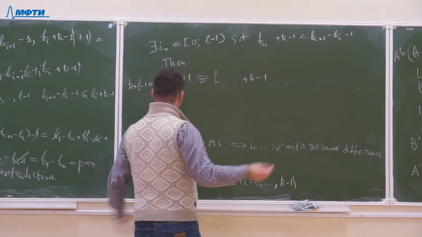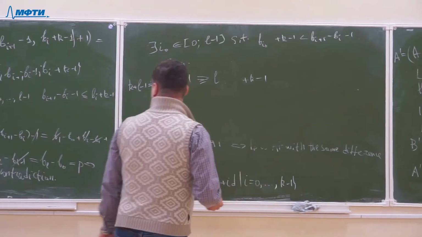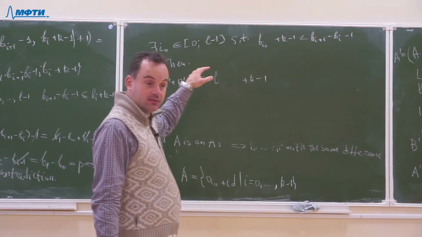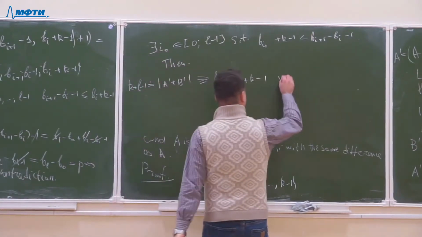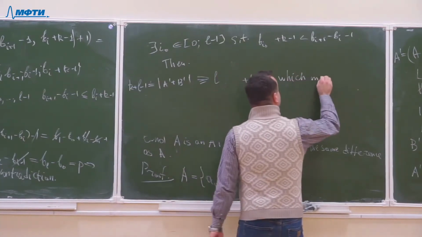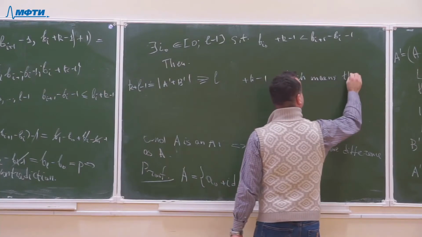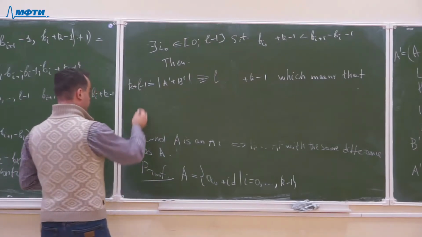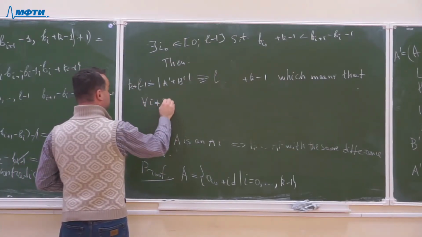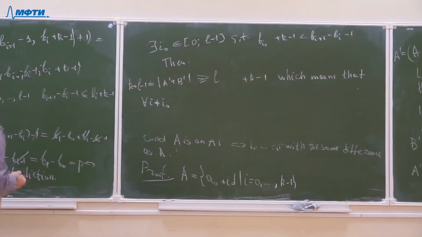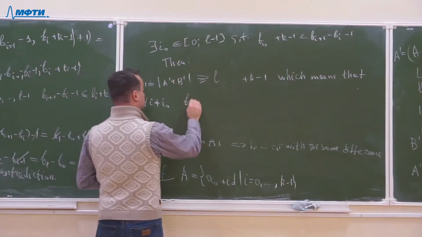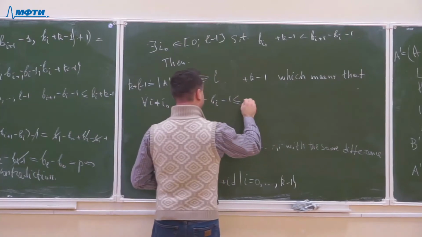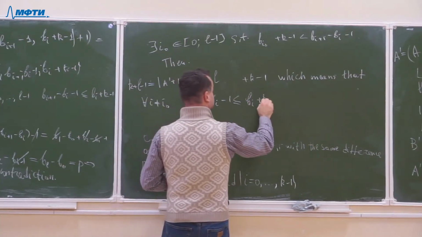Which means that this I0 is unique. Which means that for any I not equal to I0, Bi plus 1 minus Bi minus 1 is smaller or equal than Bi plus k minus 1.